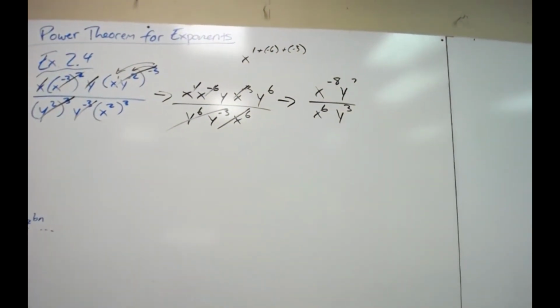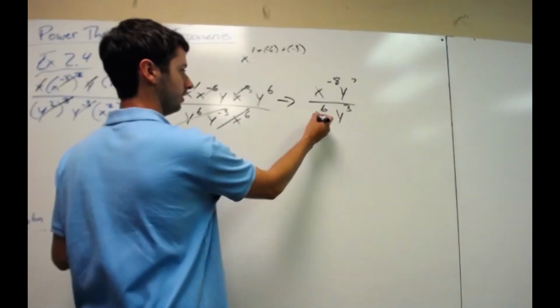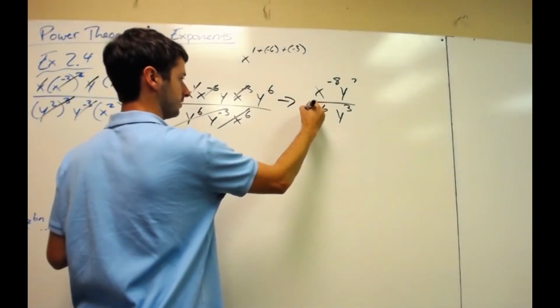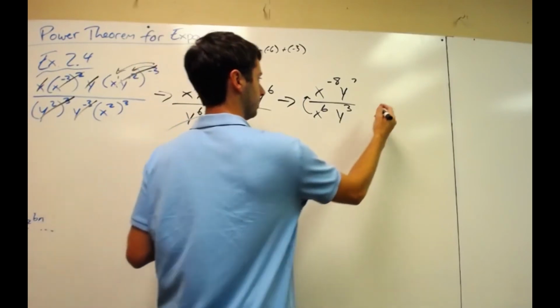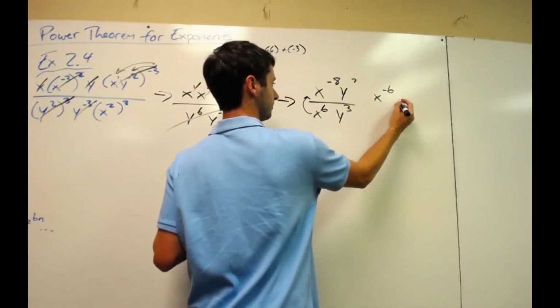And you simply, let's see if it says to solve by a certain way. It just says simplify, so it doesn't matter how you do it. I'm going to go ahead and move everything to the numerator. So if I move x to the 6th to the numerator, that becomes x negative 6, x negative 8.